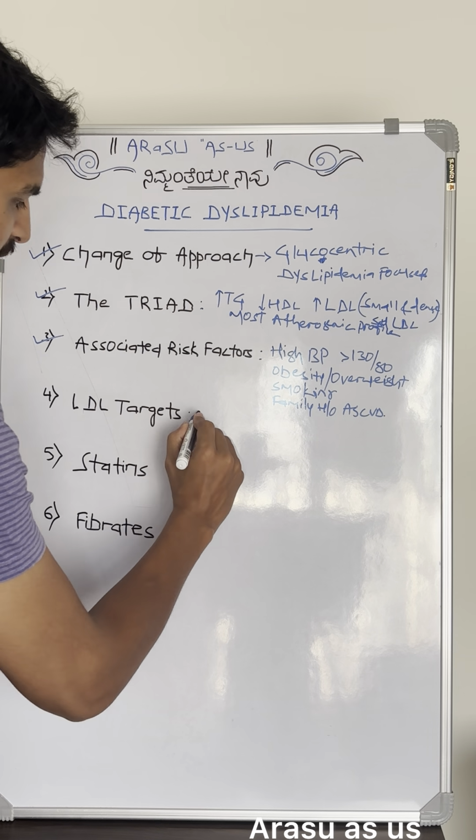Suppose diabetic plus any one of these risk factors, in such a situation we have to target LDL to less than 70. And the third one is diabetic plus already established ASCVD, established ASCVD in the same patient, not in the family members. Here we have to target LDL to less than 55. So here we have to consider aggressive LDL targets. This is about the fourth point.